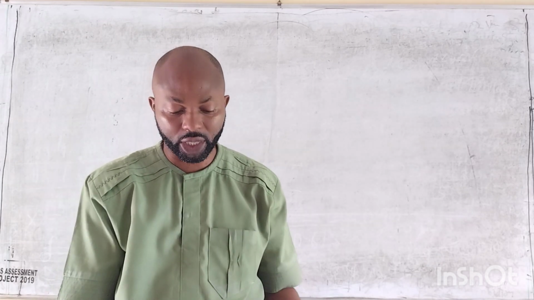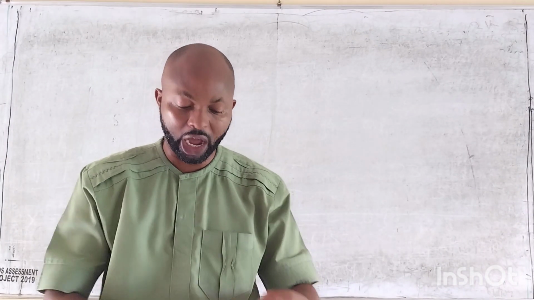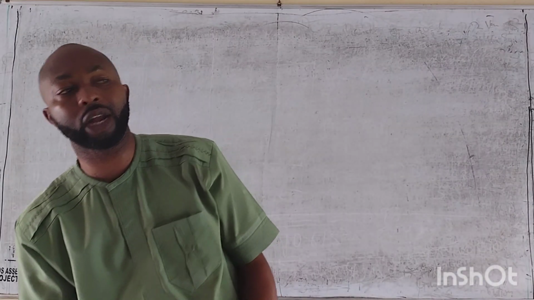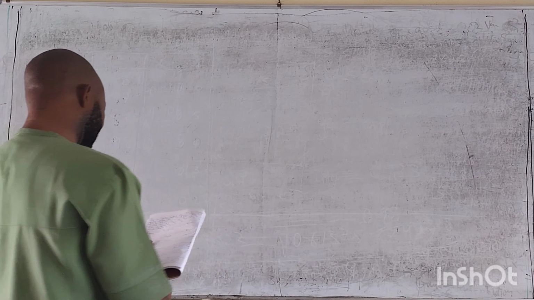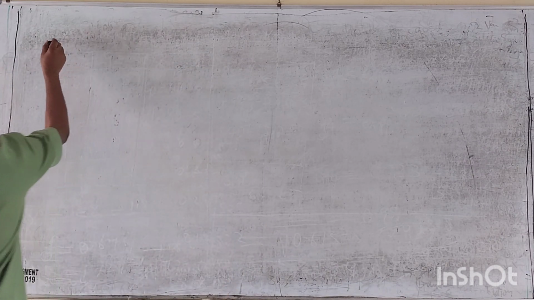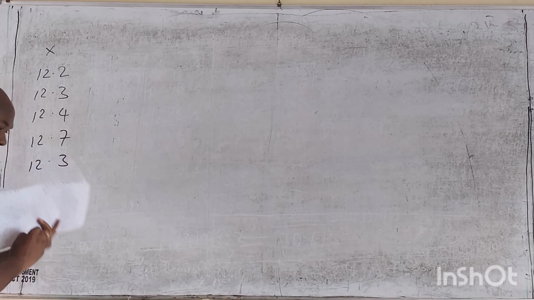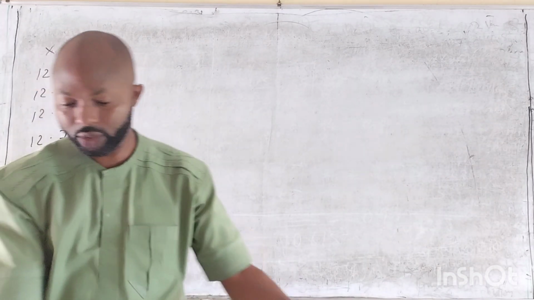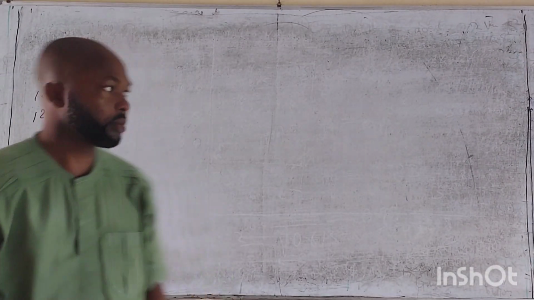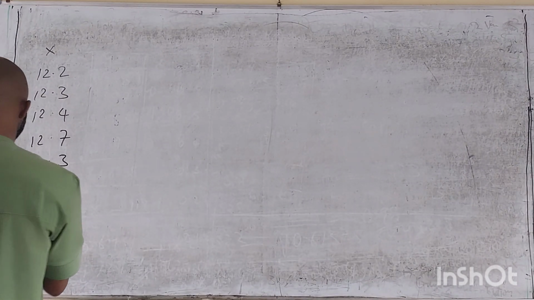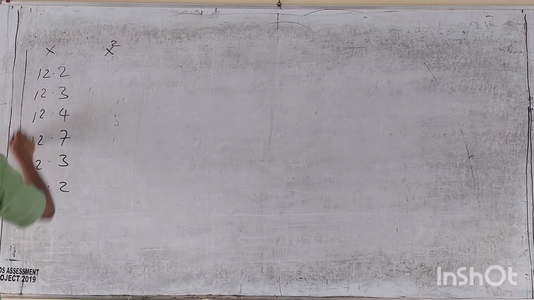Okay, let's take the values now. After obtaining the values, ensure you use your graph booklet to plot it. Okay, now we go. Let's call this our X. So let's go again and see what we get. Alright, I have my X, I'll have my X squared as usual.